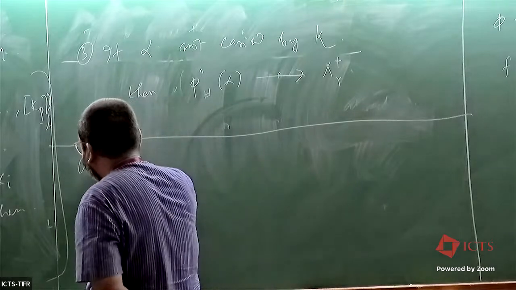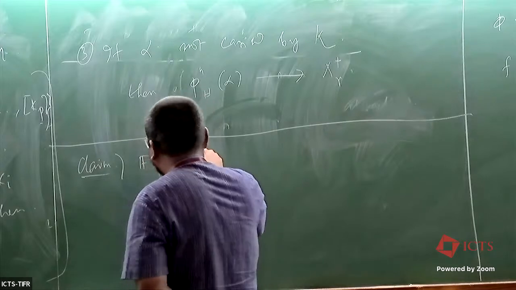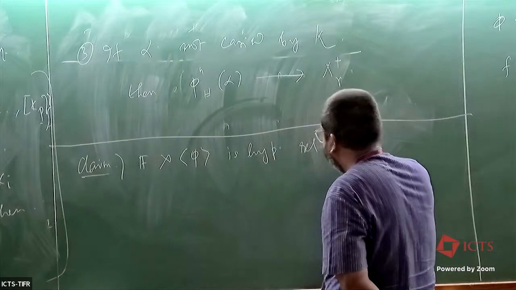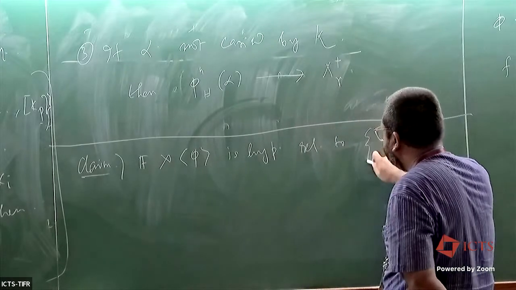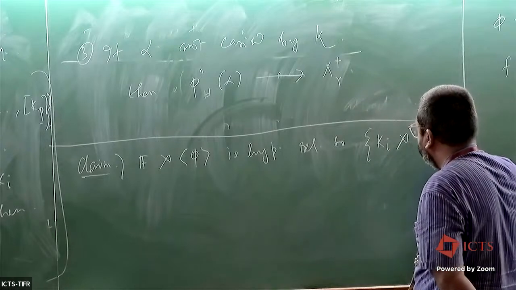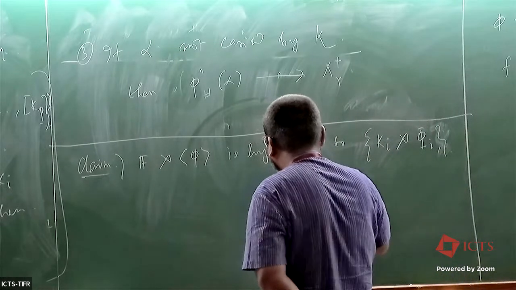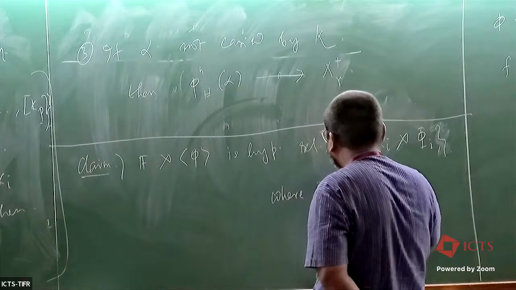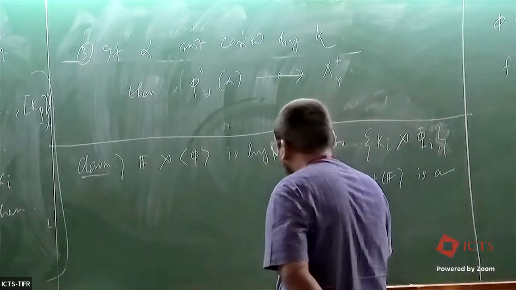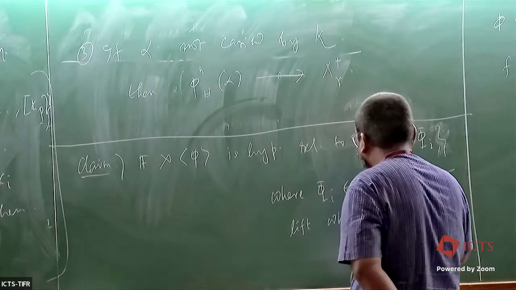Now, the claim is that F semi-direct product phi is hyperbolic relative to this collection here, Ki semi-direct product, let's call it phi I, where phi I in OT is a lift which preserves Ki.